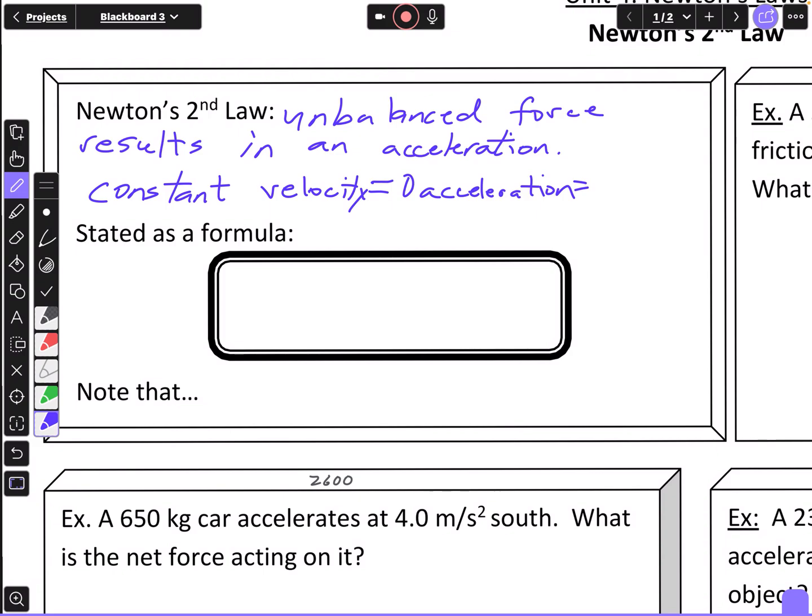Therefore, you must have balanced forces. And we'll look at that more in depth in a few days. So stated as a formula, I need to know that it says that F net is equal to my mass times my acceleration.